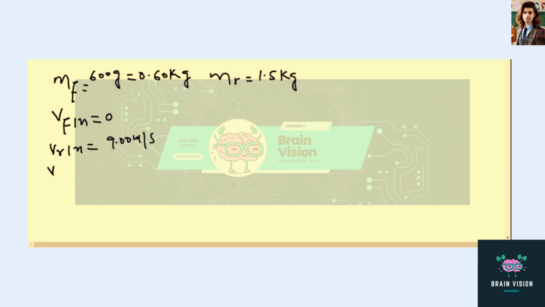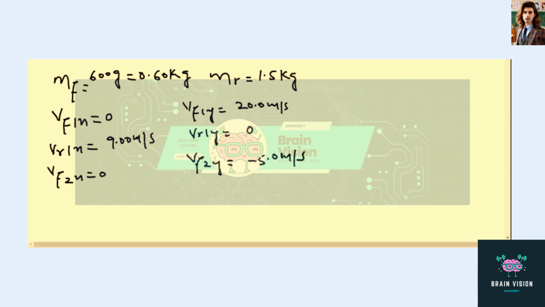And also we have vf2x, which is 0. And in the y direction, we have vf1y, which is equal to 20.0 meter per second, and vr1y is equal to 0. And then we have vf2y, that is equal to minus 5.0 meter per second. All right.